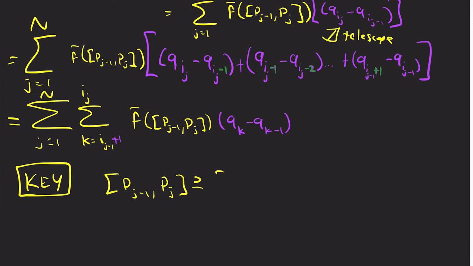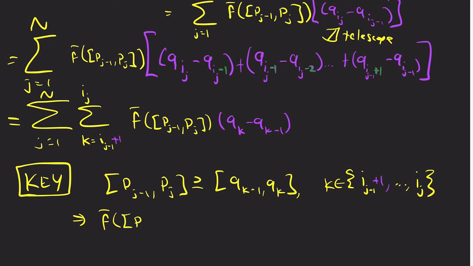So if I take q sub k minus 1 to q sub k for k between i_(j minus 1) plus 1 to i_j, then that subset relationship is true, which tells us that f bar of p_j, you can pause it here.